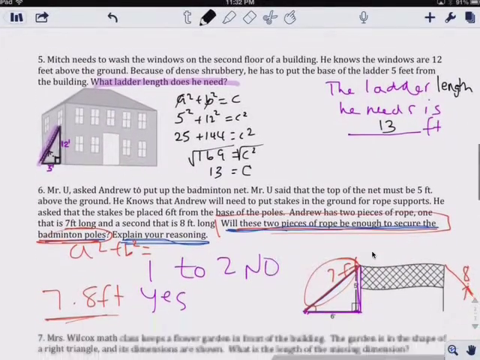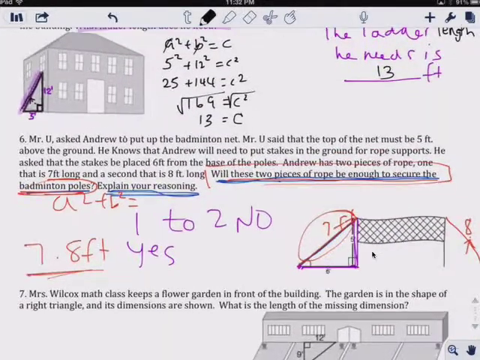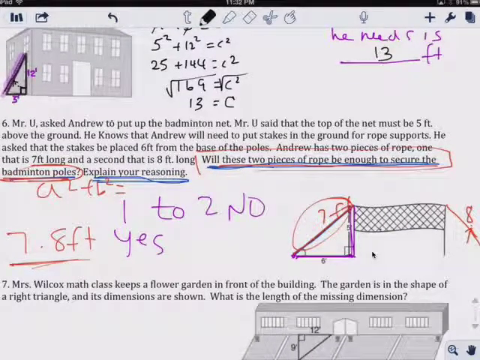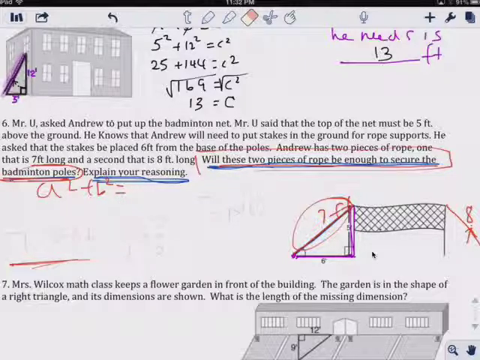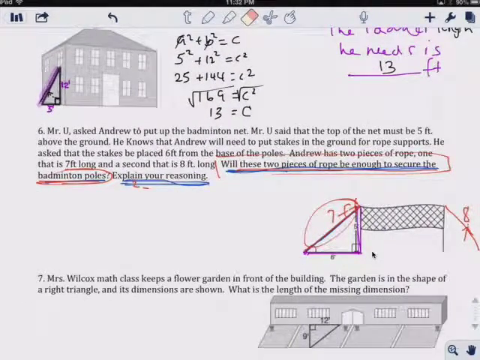Okay, so Mr. Yu asked Andrew to put up the badminton net. Mr. Yu said the top of the net must be 5 feet above the ground.